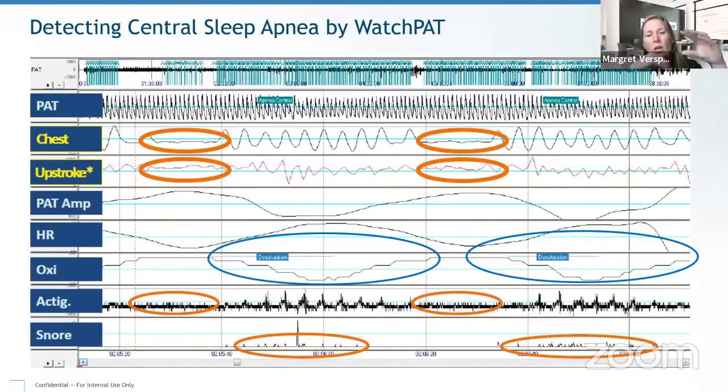And of course, the snore channel, the sound. In obstructive sleep apnea, it looks different than when there is a central sleep apnea. And also the nadir of the desaturation and the moment of the arousal are different in a patient with Cheyne-Stokes respiration than in a patient with obstructive sleep apnea.